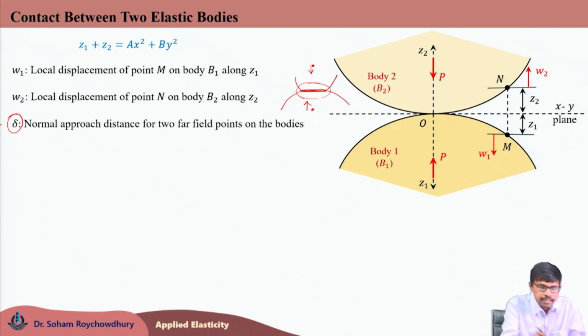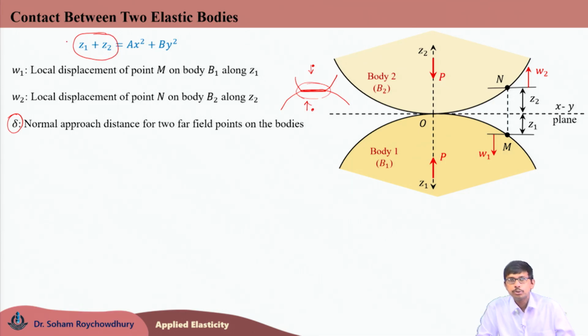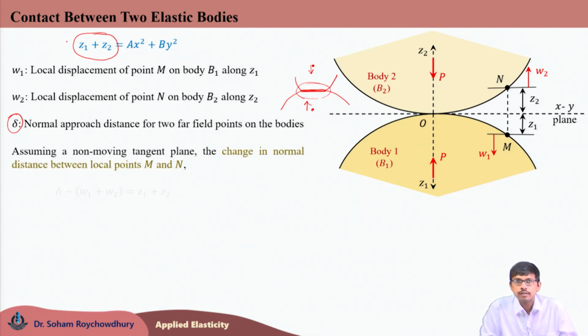Hence, the initial distance Z1 plus Z2 for body 1 and 2, which was there before the generation of the contact patch, should be equal to this far field approach distance delta minus the local deformations of body 1 and 2, the summation of which is W1 plus W2.